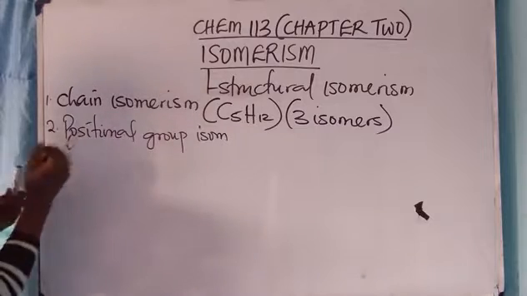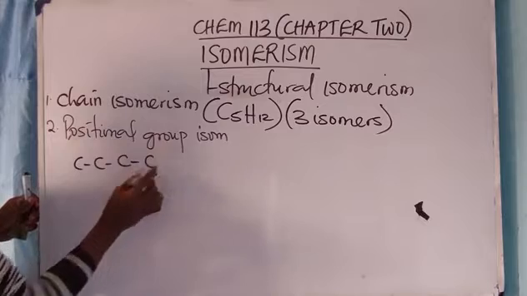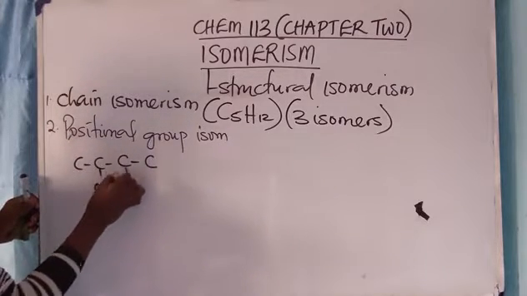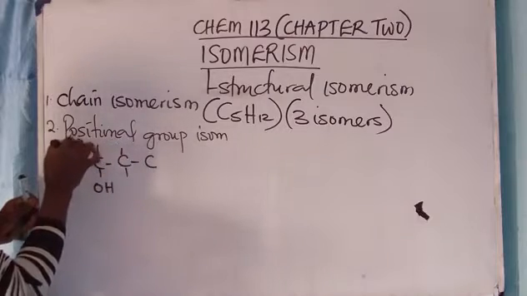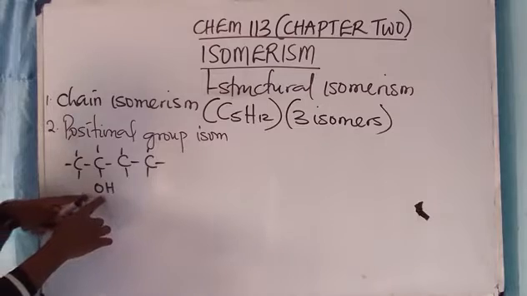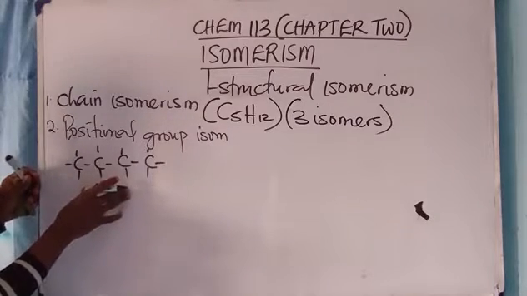Now, if I have 1, 2, 3, 4, and I have OH here, this OH is the hydroxyl group.